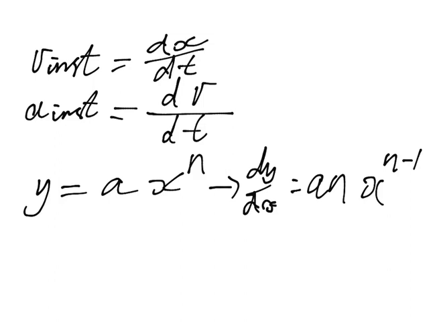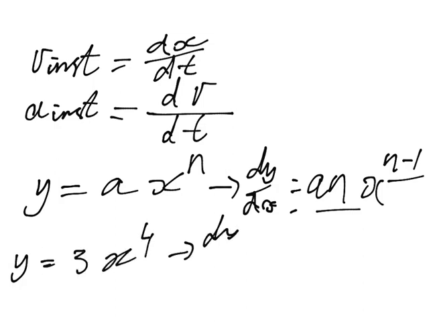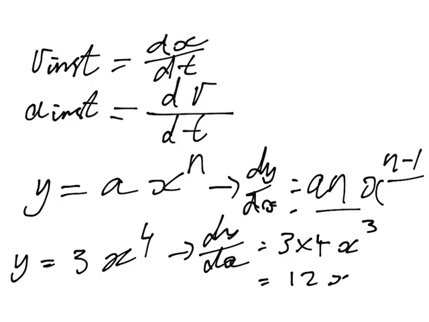So you bring your old power down, multiply, and reduce your power by 1. Say if y equals 3x to the 4, dy dx will be 3 times 4 times x to the power of 3, which is 12x to the 3. Anything more complicated than that we'll do on our calculator.